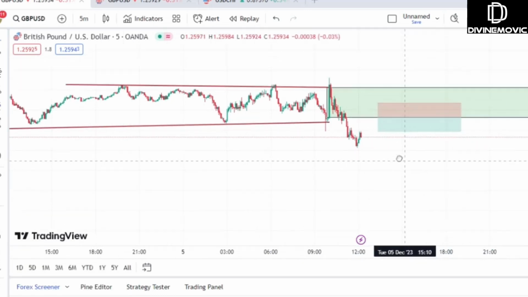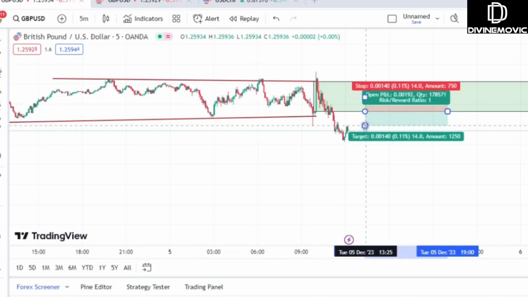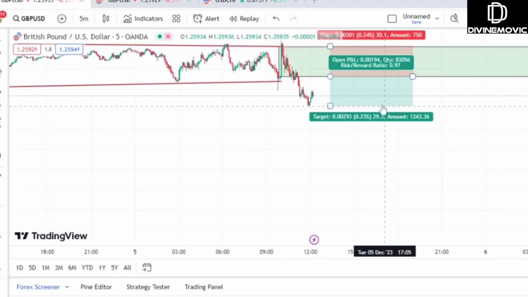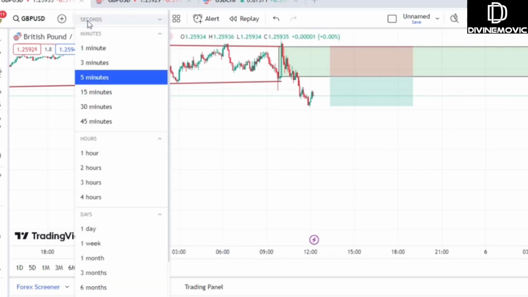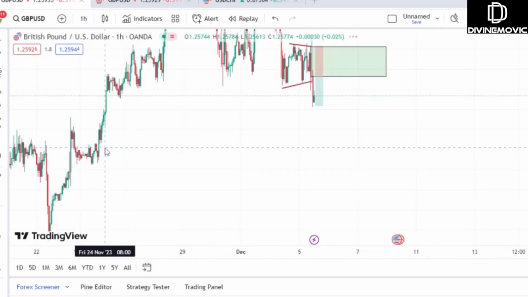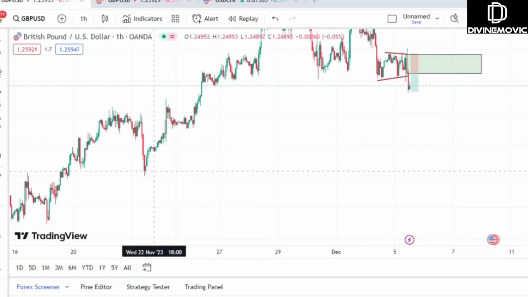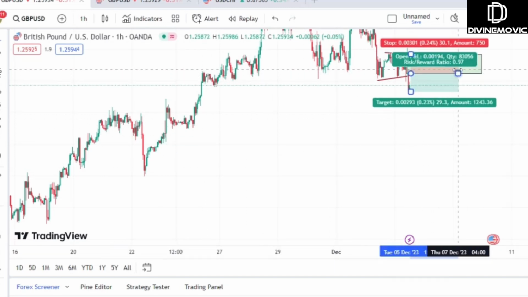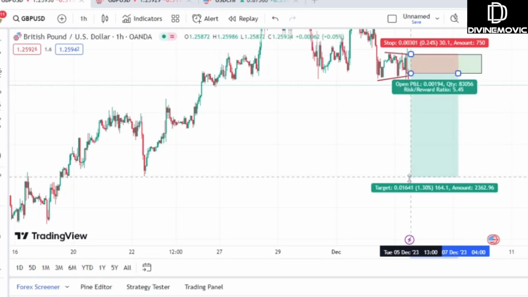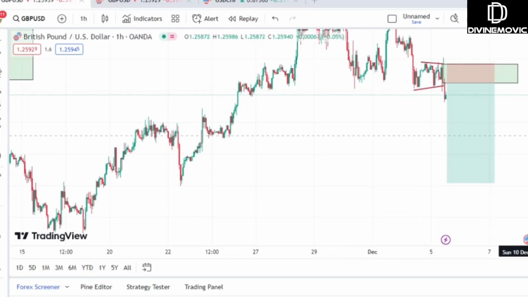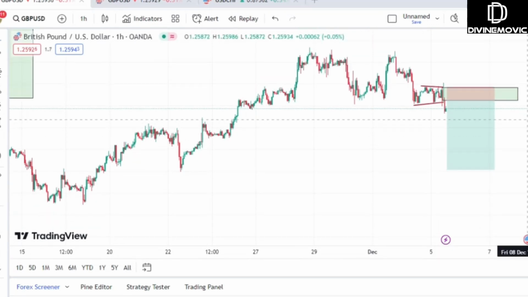So I'm going to wait for price to come back to this zone, put my stop loss above this zone here, and I'm going to target this low here. So this is a possible setup for me on GBPUSD.